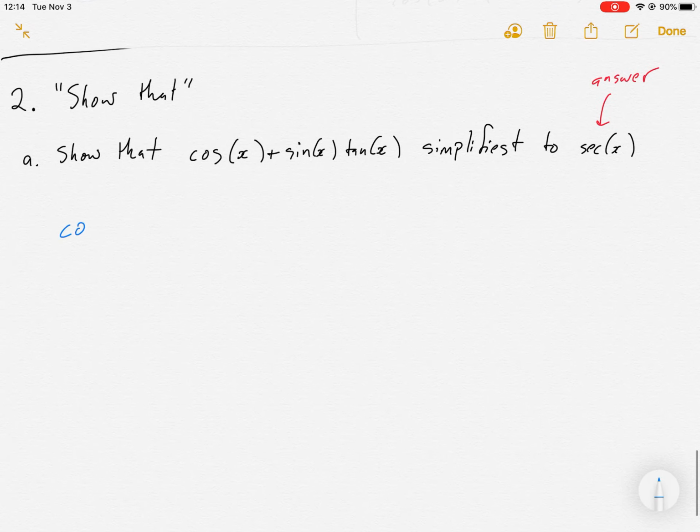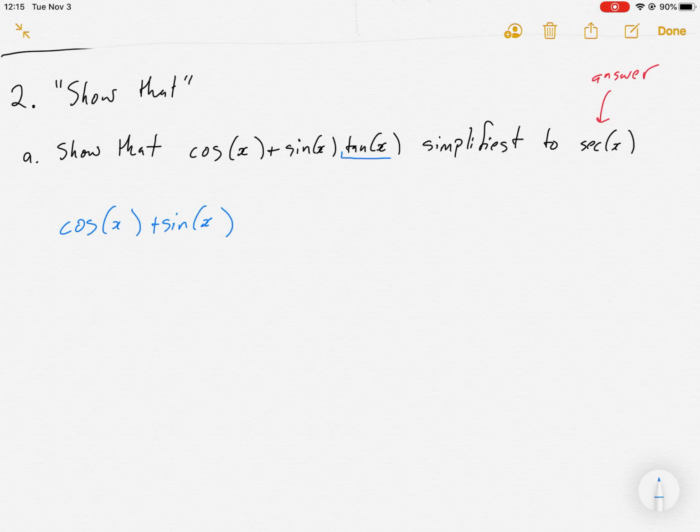Okay, so let's go ahead and start this off. Now I don't see any squares. Nothing is being squared. So I think what I'll start off by doing is changing this, using the quotient identity, to sine over cosine.